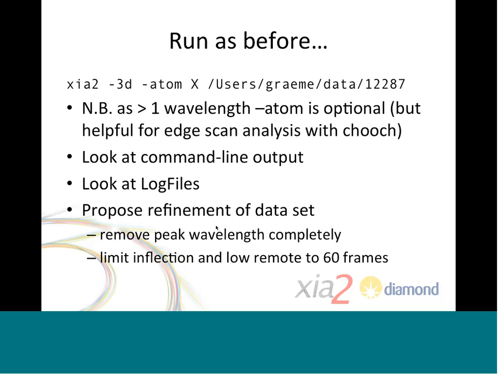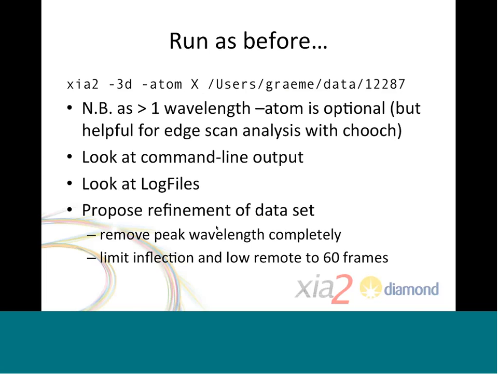This was run using pretty much the same command line as before, so xia2 -3d -atom X, and so on. As there's more than one wavelength, -atom is optional. If I had set it to SE and there was a scan in there, it would have run chooch, but I didn't. But I'm generally in the habit of specifying -atom anyway.